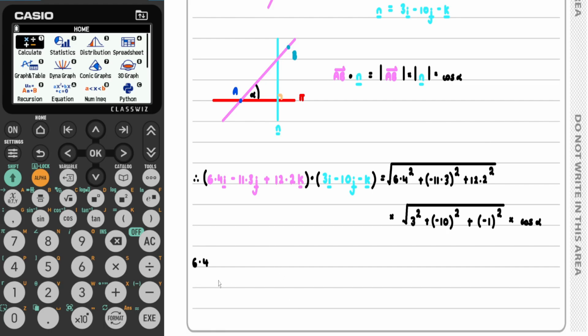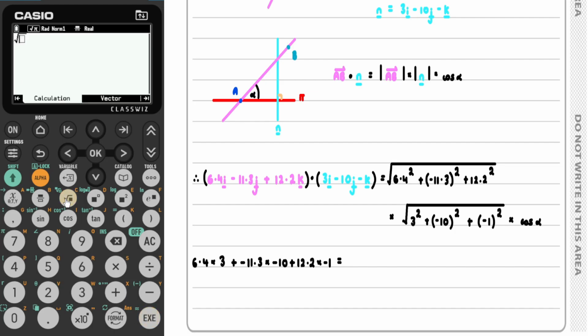So on the left hand side, I've got 6.4 times by 3 plus negative 11.3 times by negative 10 plus 12.2 times by negative 1. And on the right hand side, let's work out.